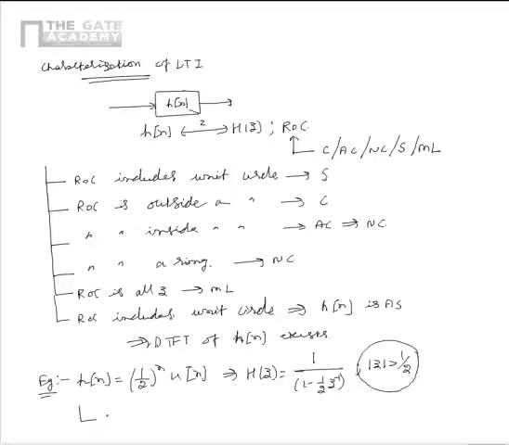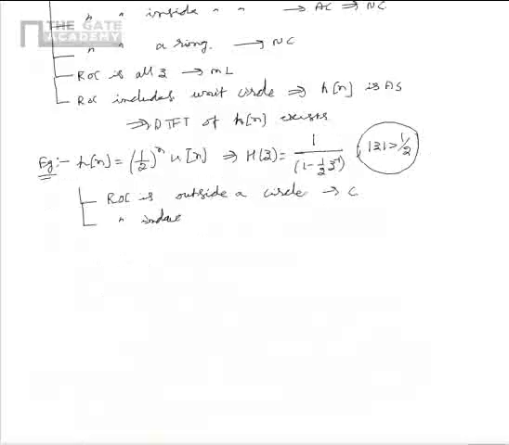Here we see that the ROC is outside a circle. So from this we can say that the given system is causal. Also the ROC includes the unit circle, that is mod z equal to 1. So the system is stable. We see that the ROC is not all z. So the system has memory.